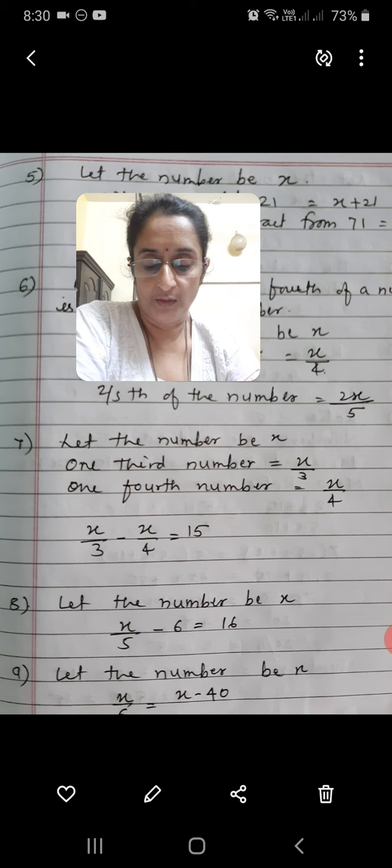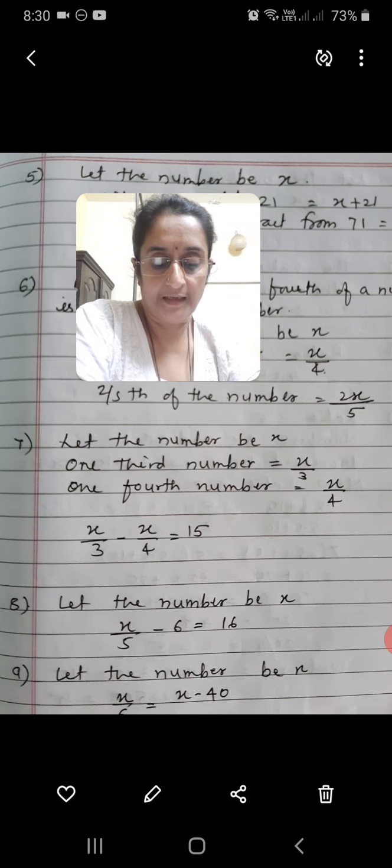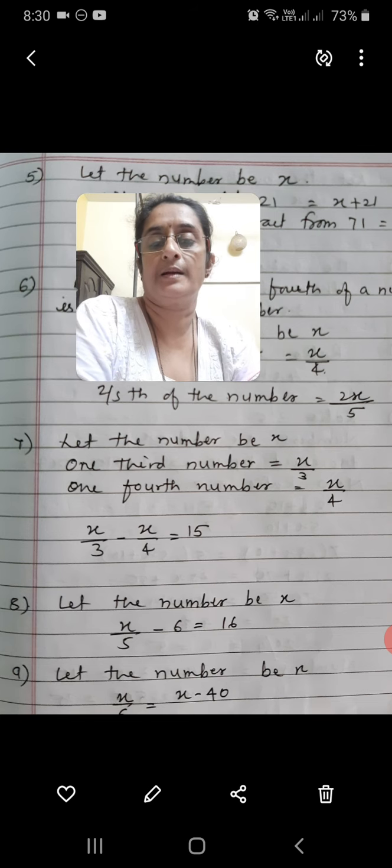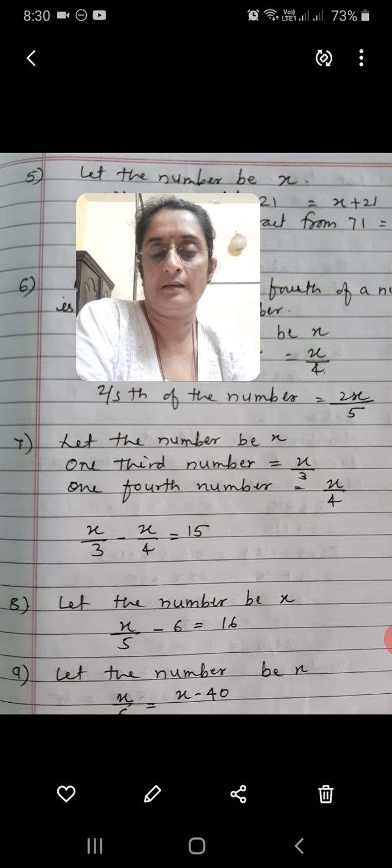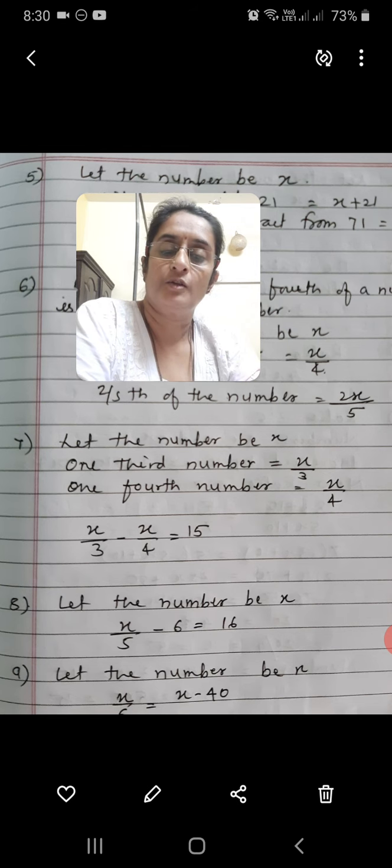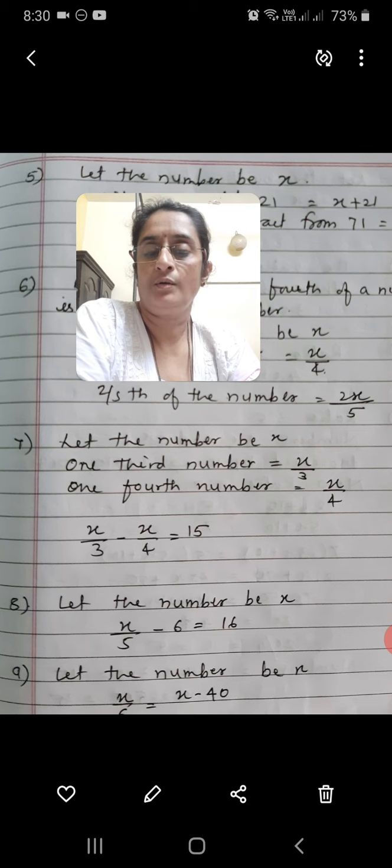Now let us go to the eighth question. 1/5 of a number decreased by 6 is 16. So if you subtract 6 from 1/5 of a particular number, that gives you 16. So we'll consider that number as x. 1/5 of the number is x upon 5.